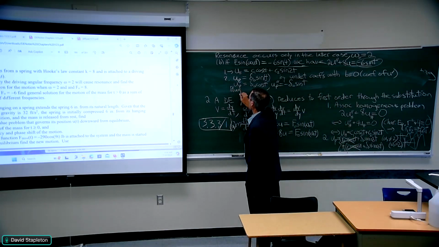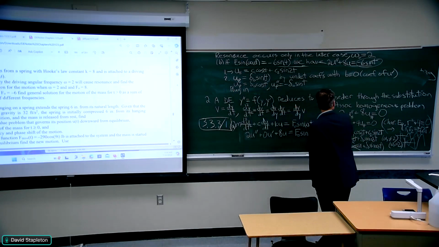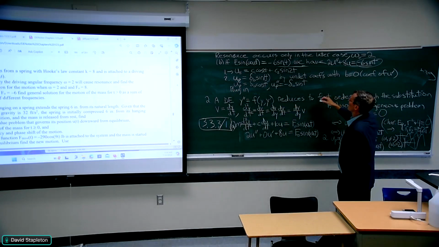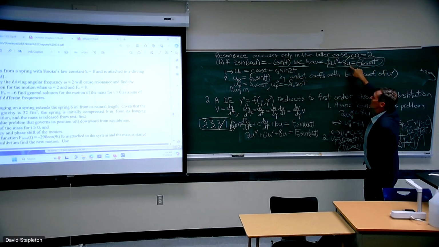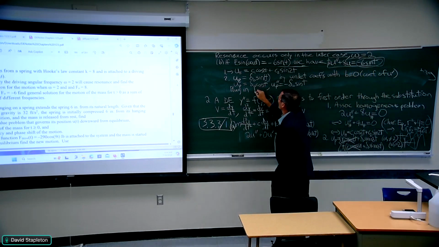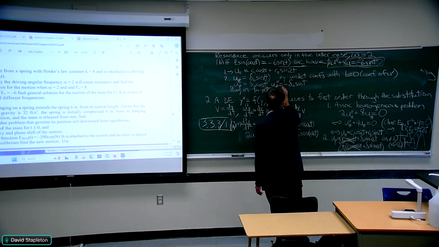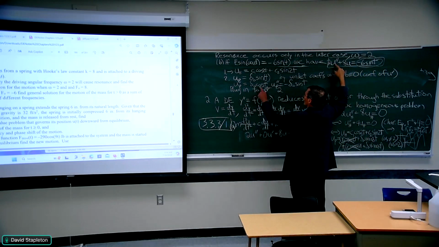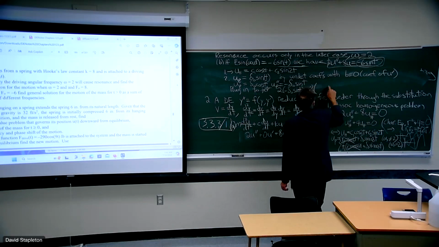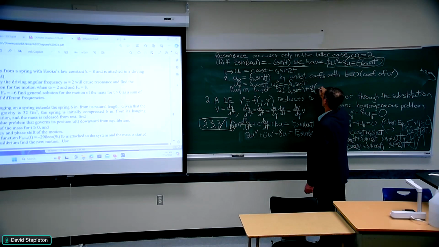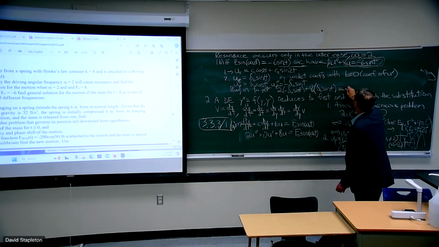And when you plug it into the differential equation, this is part B, solving this equation, we get 2 times the second derivative, which is minus delta 0 sine t, plus 8 times the function itself, delta 0 sine t, has to equal the right-hand side, minus 6 sine t.